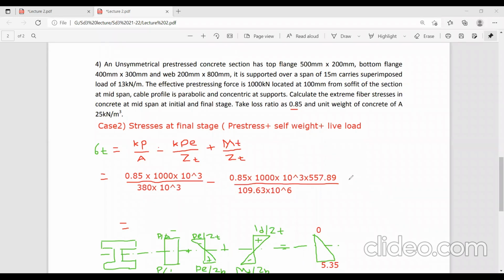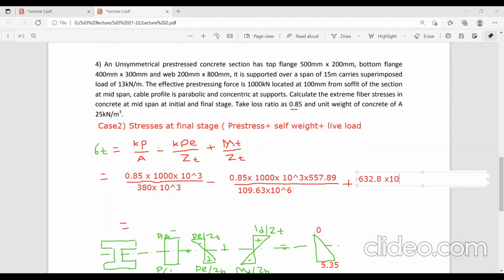Next plus the moment due to total loading. So how much is the moment due to total loading, student? It is 632.8, in kilonewton meter.